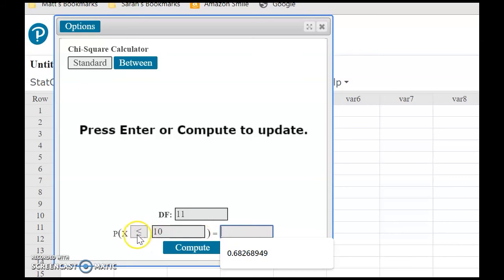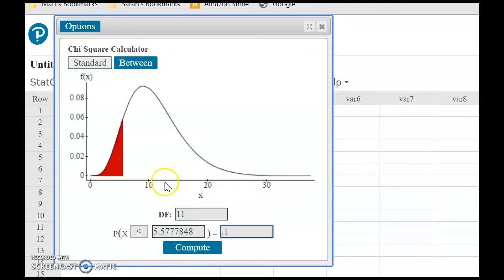So it's on less than or equal to, so I'm going to get my left chi-square value first, which is actually the 1 minus alpha over 2. So I say 0.1. I want 0.1 of the area in the left tail. And that tells me the left critical chi-squared score is 5.578.